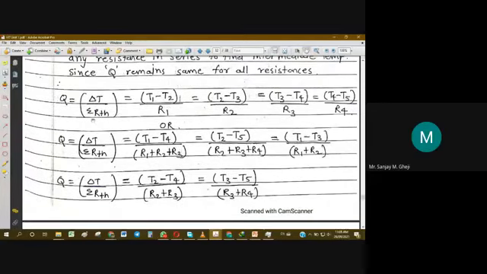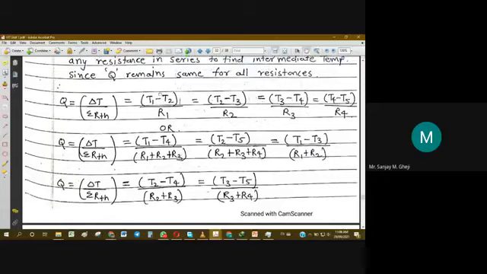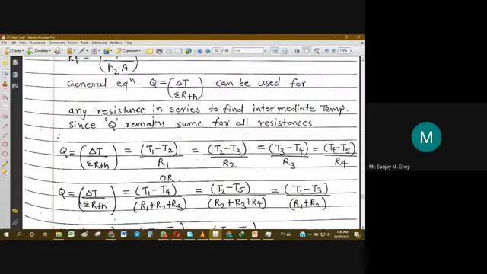Q equal to delta T upon R thermal equal to T1 minus T2 upon R1 is equal to T2 minus T3 upon R2 equal to T3 minus T4 upon R3 equal to T4 minus T5 upon R4. Now when we are using this equation, the first term is applicable only for the hot fluid. So temperature difference we have taken only for convection.